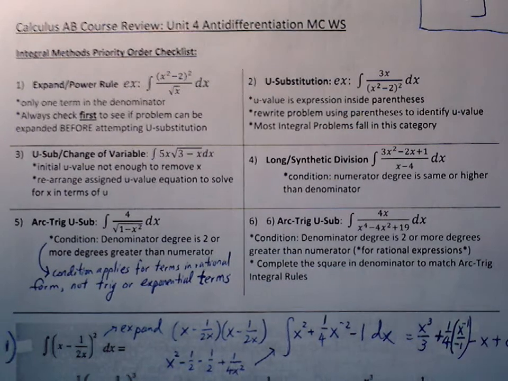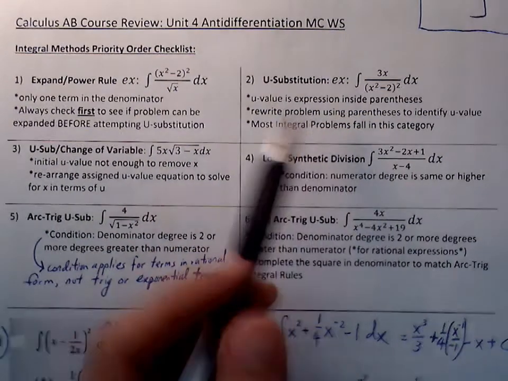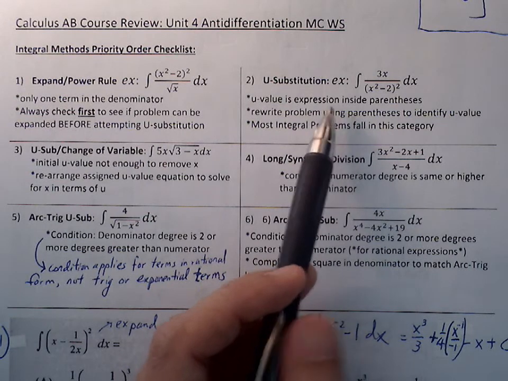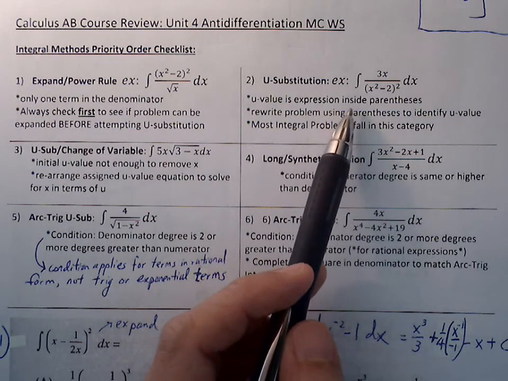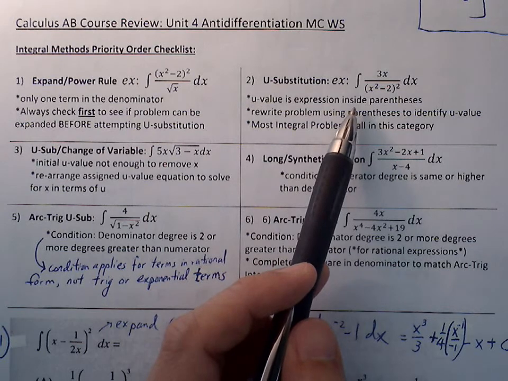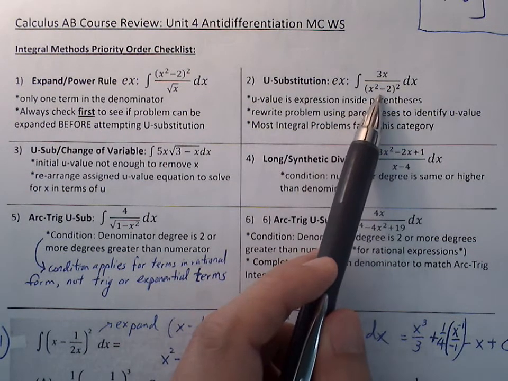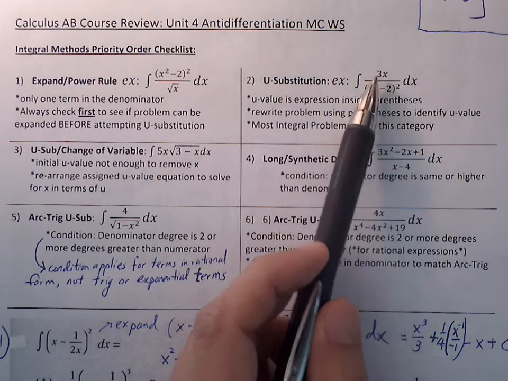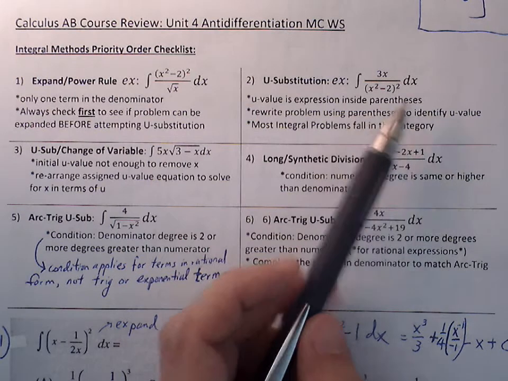The idea with u-substitution is we're rewriting the problem using a different variable, and the hope is that we're able to create a form that matches one of our existing rules. So here in this case we can't expand, so we will let the u value be x squared minus 2, and that will clean up the numerator and we can go from there.